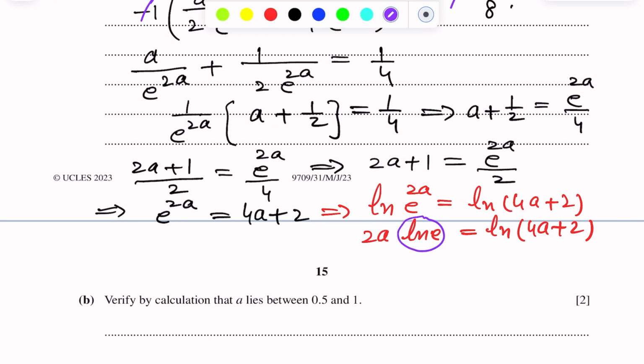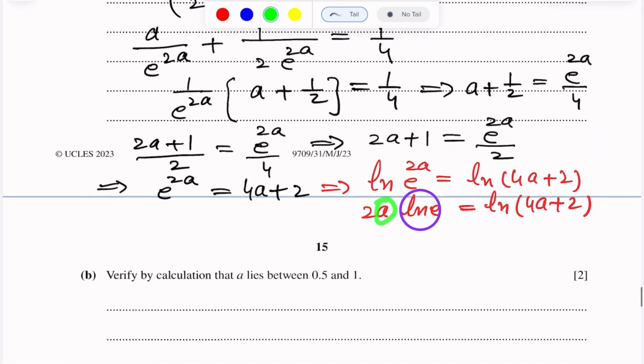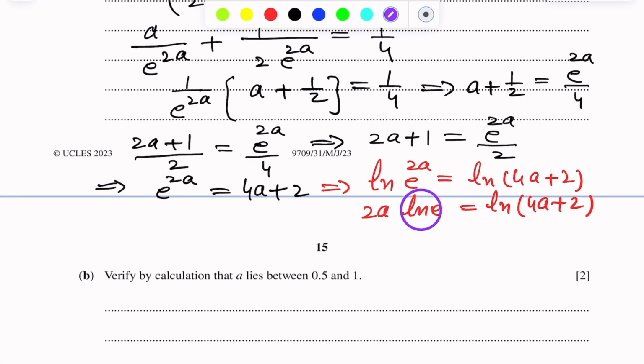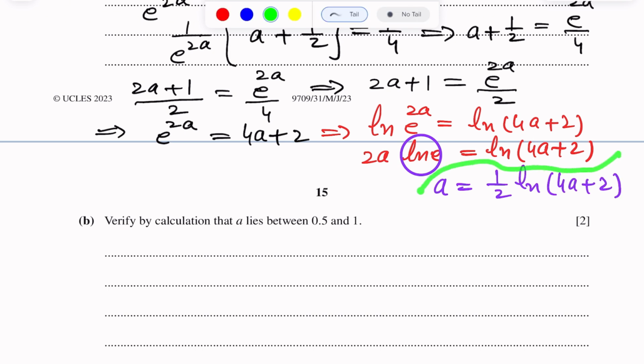Log e will be 1. So from here we can make a the subject, that becomes a is equal to 1 over 2 log 4a plus 2. Hence the given relation is shown. We have to show this relation.